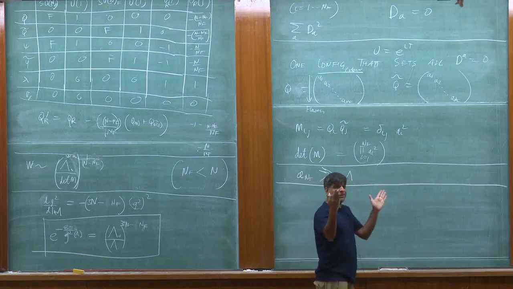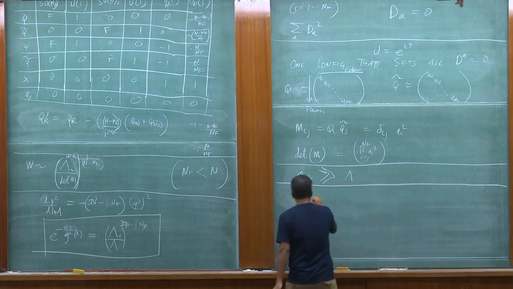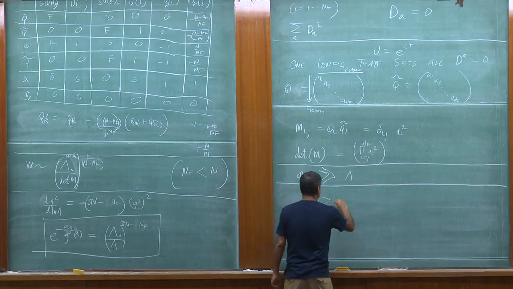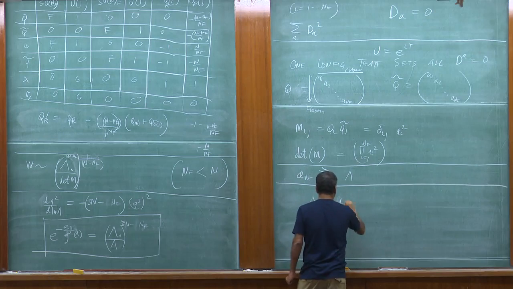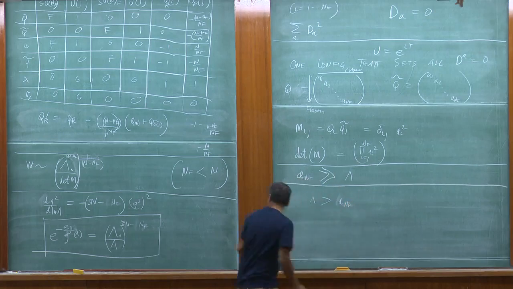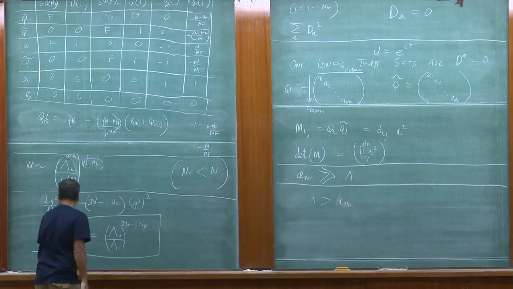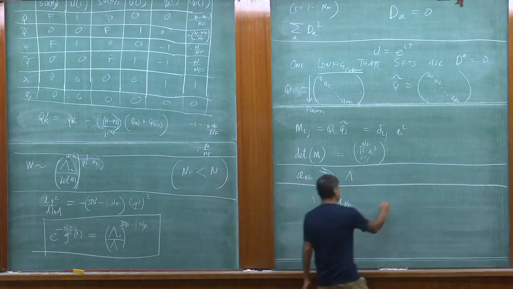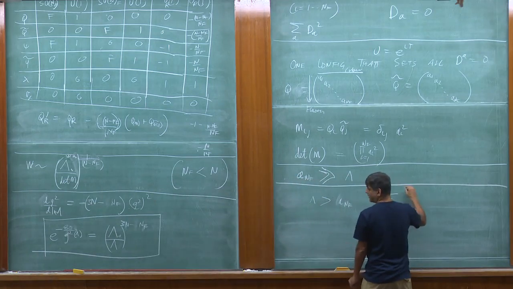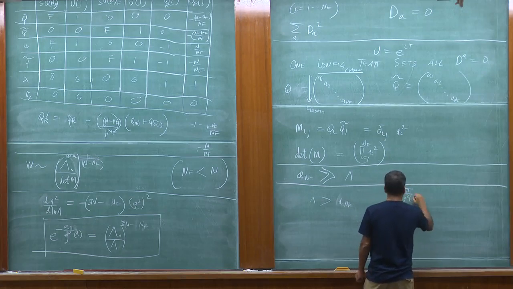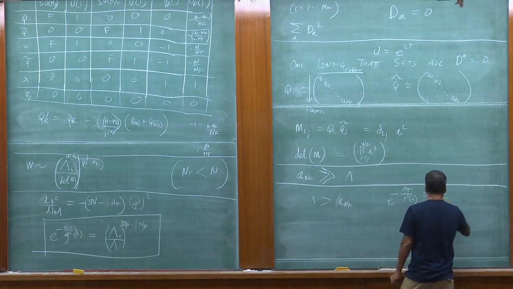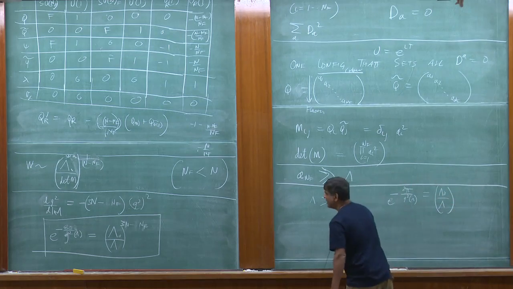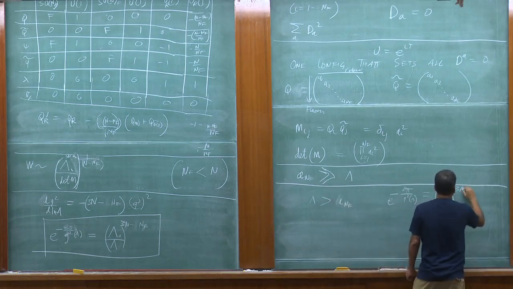So there are going to be two separate runnings, one for lambda greater than A and F. In this case, the coupling constant is going to run just like this: e to the power minus 8 pi by g squared of lambda is equal to lambda naught by lambda, to the power 3N minus NF.